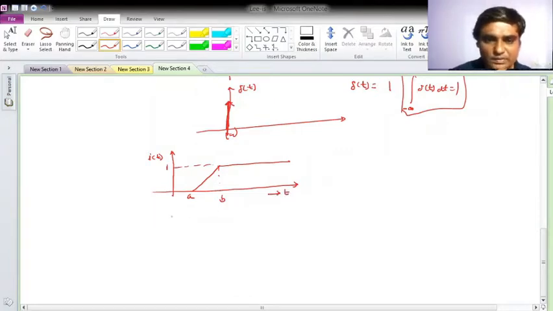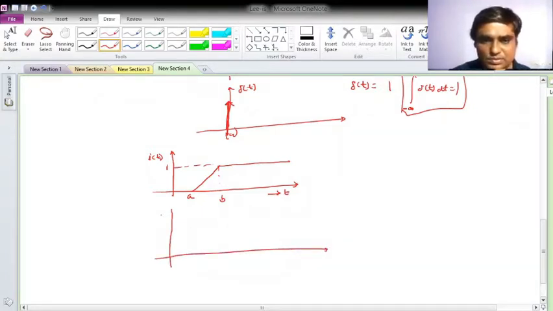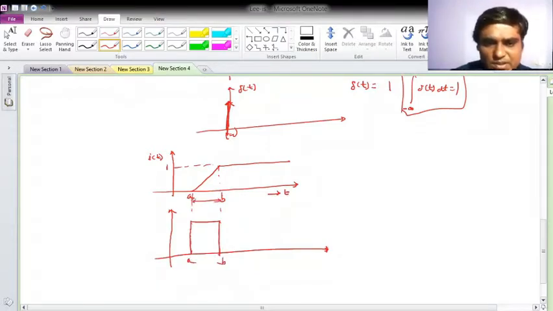Now I will take the differentiation here. So what will I get? The differentiation of the ramp will be my pulse function, right? Like this I'll get it from a to b, and say this width is c, and c will be b minus a.